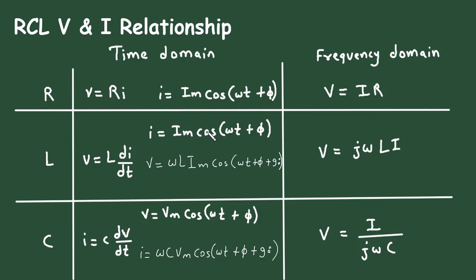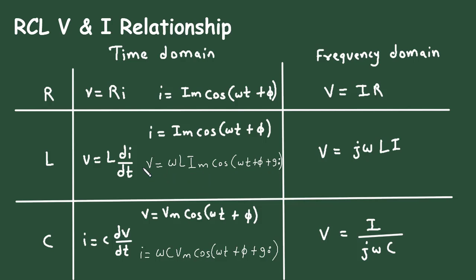The derivative will be omega L Im as it is, but with a minus sign in place of cos. Since we have substituted cos, what we did was add 90 degrees to it. So this becomes the standard equation.